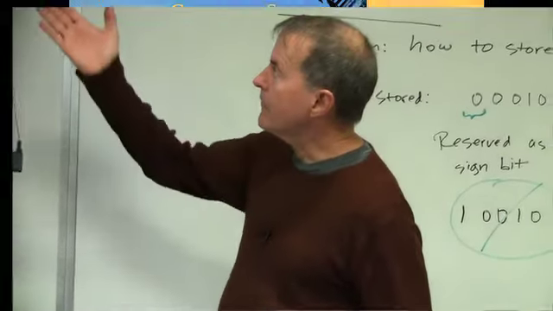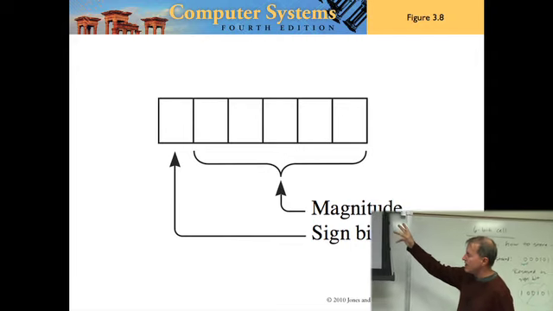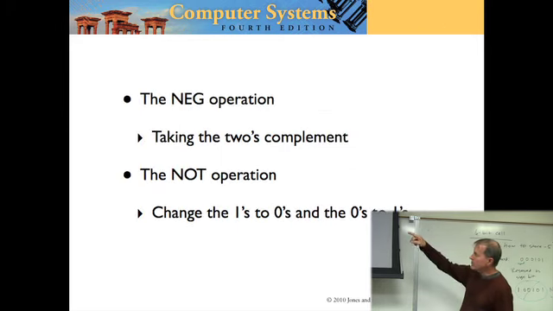Okay, so let's see, is that the rule? Here in figure 3.8, we have a cell that is divided to store signed quantities. The cell is divided into a magnitude and a sign, right? And here is the rule, what we just discovered. The neg operation is taking the 2's complement. The not operation changes the 1's to 0's and the 0's to 1's. Are you with me? So now the question is, what's the rule between neg and not?